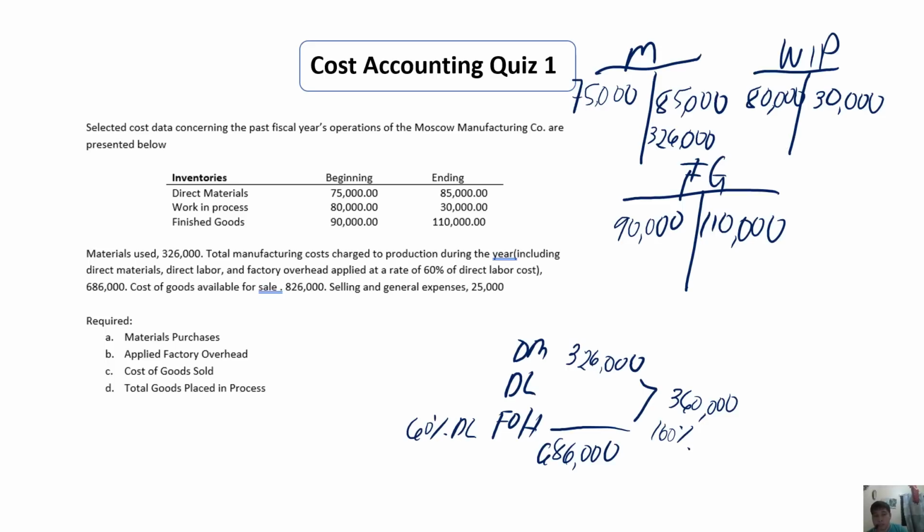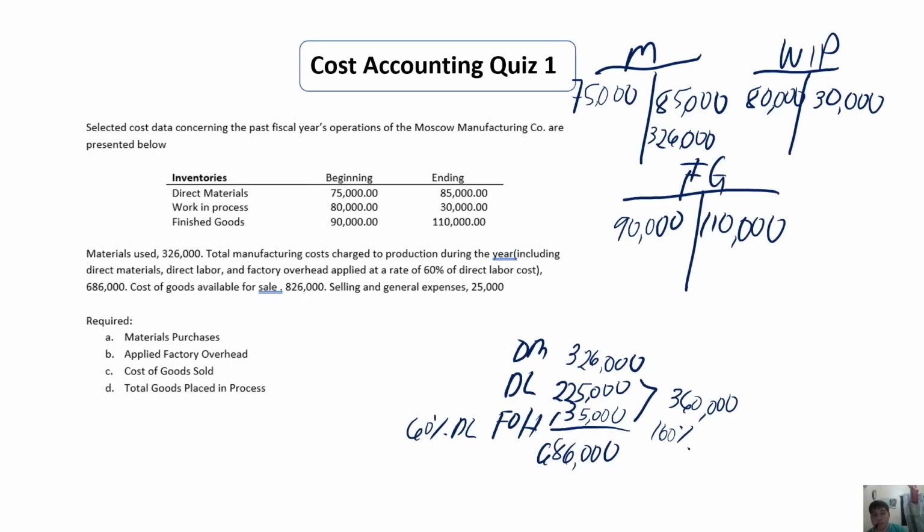Yung 360, hahatiin po yan ng direct labor tsaka ni factory overhead. Dahil 100% ang mapupunta sa direct labor, so 360,000 pesos divided by 1.6. Ang ilalagay natin sa direct labor ay 225,000 pesos. For the factory overhead, the difference na lang, 686 minus 225 minus 326, yung ating factory overhead will be 135,000 pesos.